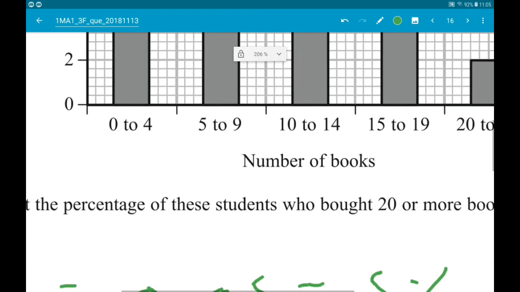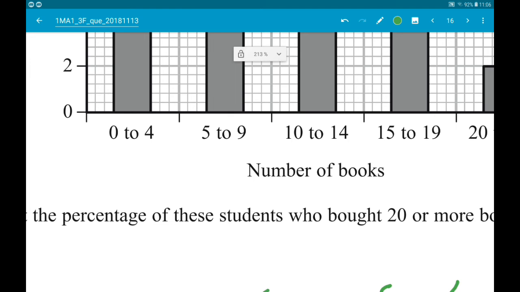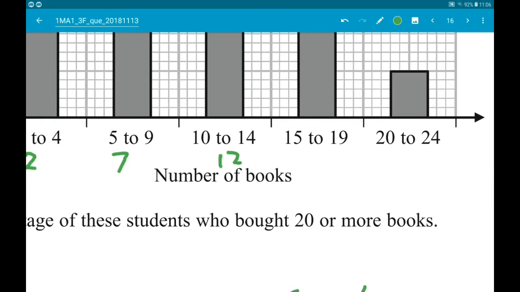So 0 to 4 is going to be 2. 5 to 9 is 7. 10 to 14 is 12. 15 to 19 is 17. 20 to 24 is 22.